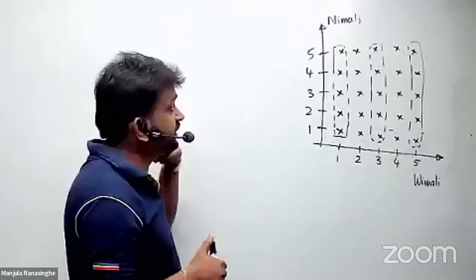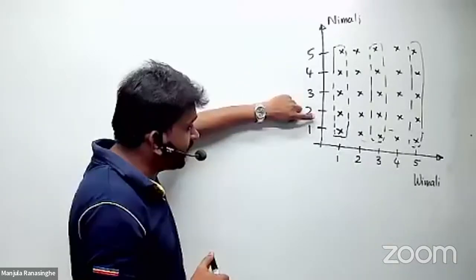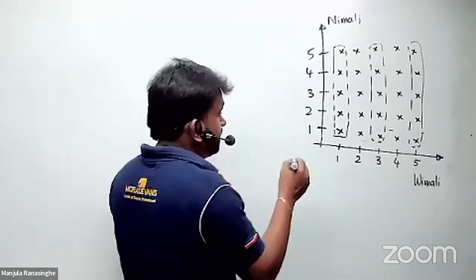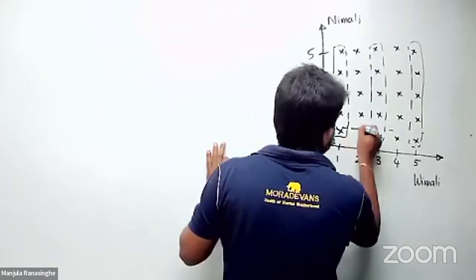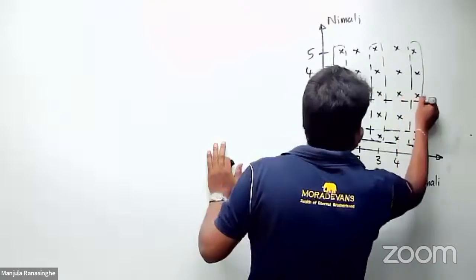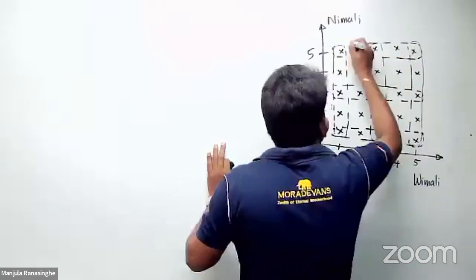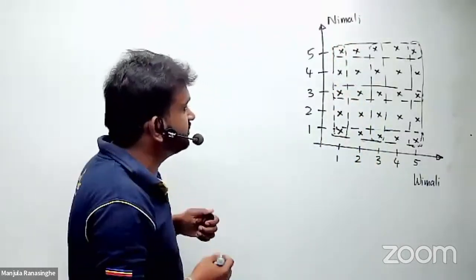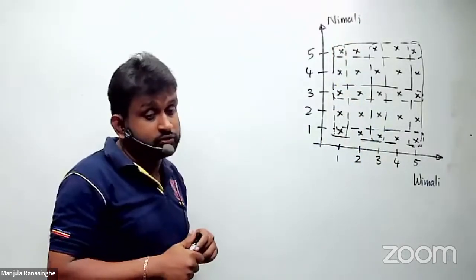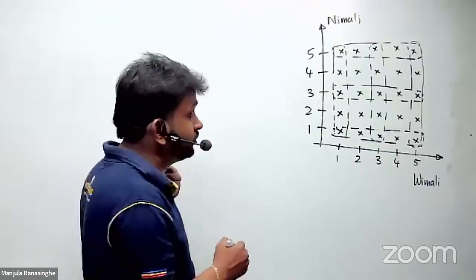For Nimali to win, she also has to take an odd number. So Nimali can take 1, here Nimali can take 3, and here 5. These are the outcomes in which Nimali can win. Both can win means having the intersection of these elements.